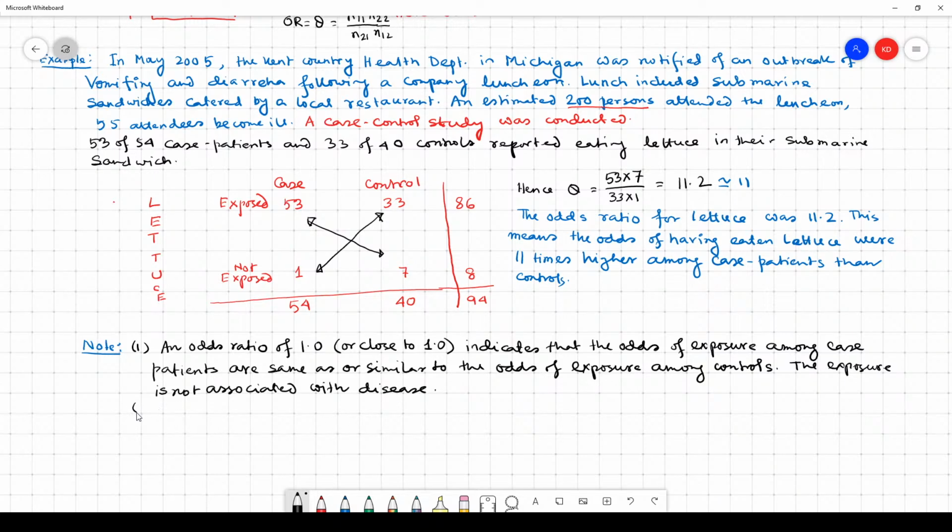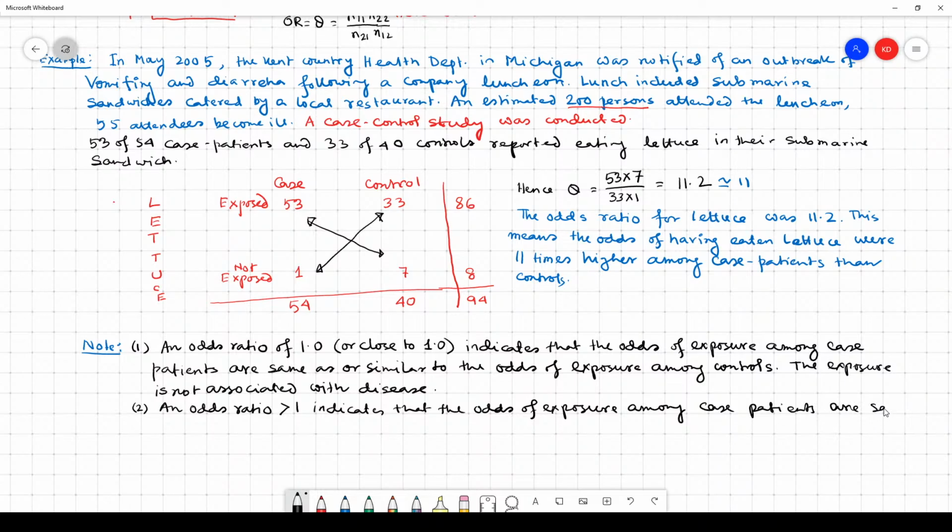An odds ratio greater than 1 indicates that the odds of exposure among case patients are greater than the odds of exposure among control.